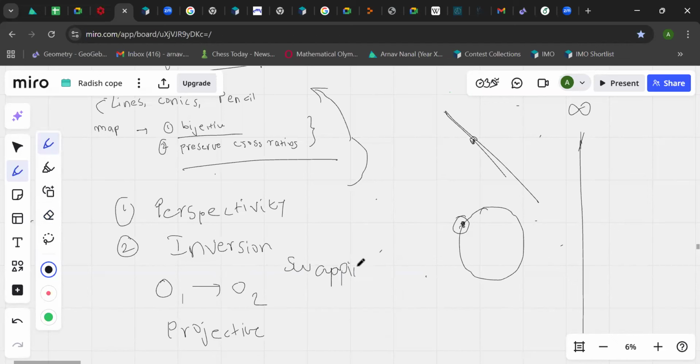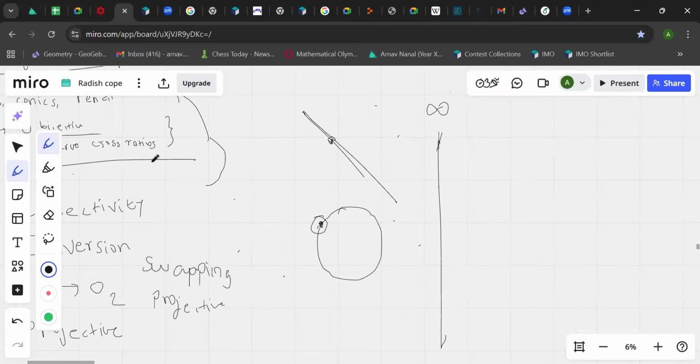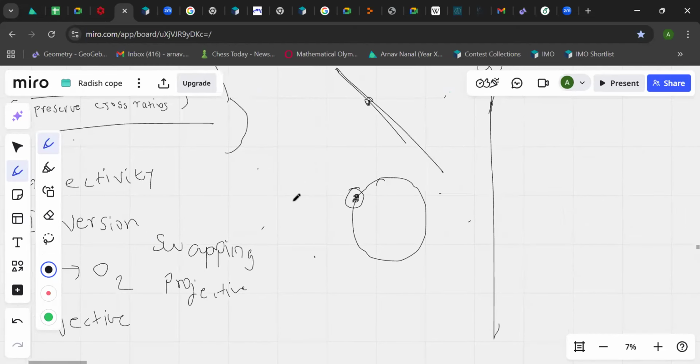But it's not trivial to say that inversion preserves cross ratios, right? No, it's not trivial. I'll just say trust me on this, but it is true. You can somehow prove it, it shouldn't be too hard. Oh wait, is it trivial?